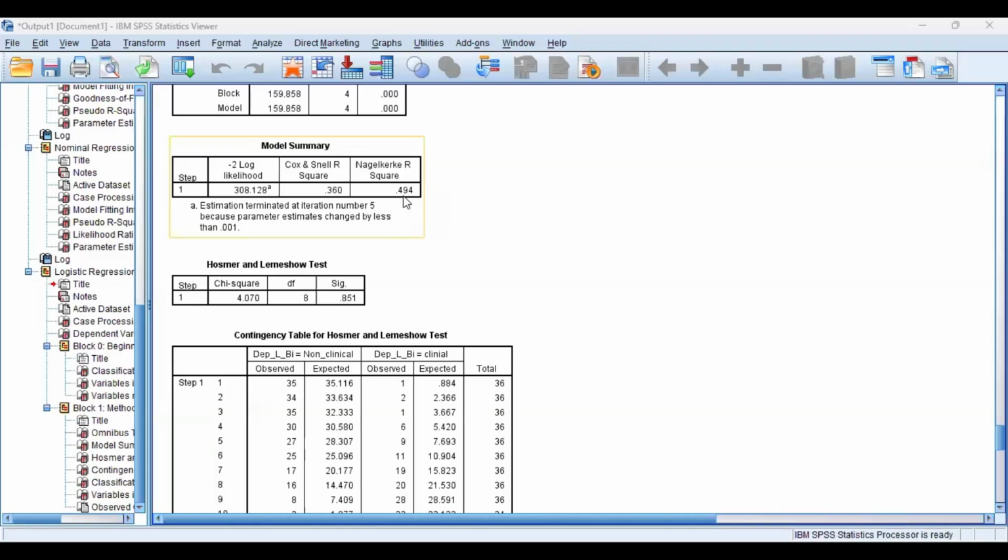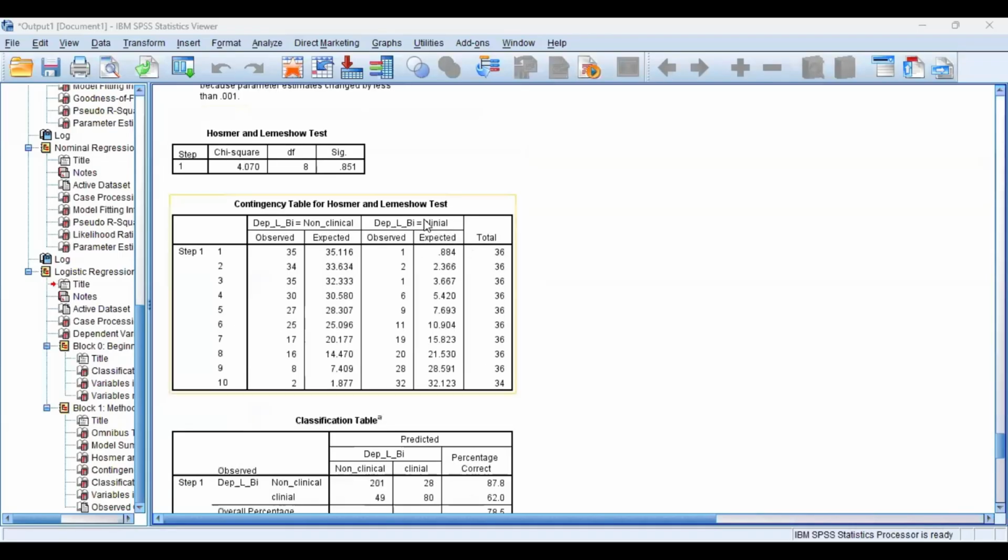The same way that textbooks report or interpret R squared for a multiple linear regression model, you can use the same language to interpret this R squared, like 49% of the variance of your DV can be explained by all of your IVs in your model. And I explained this one as well.